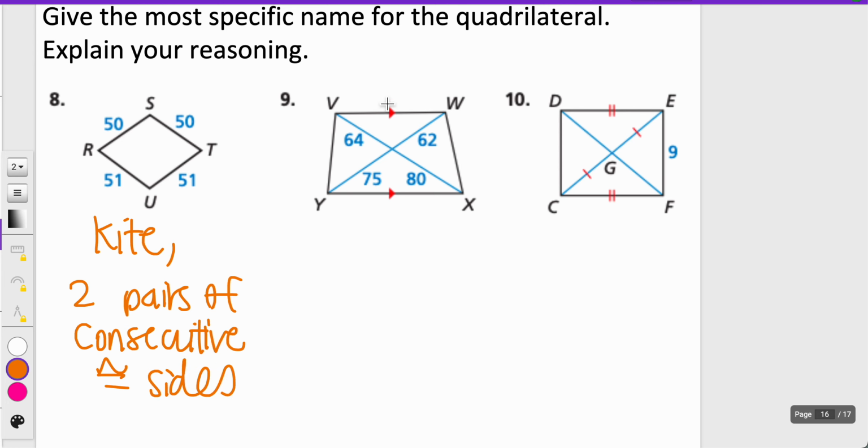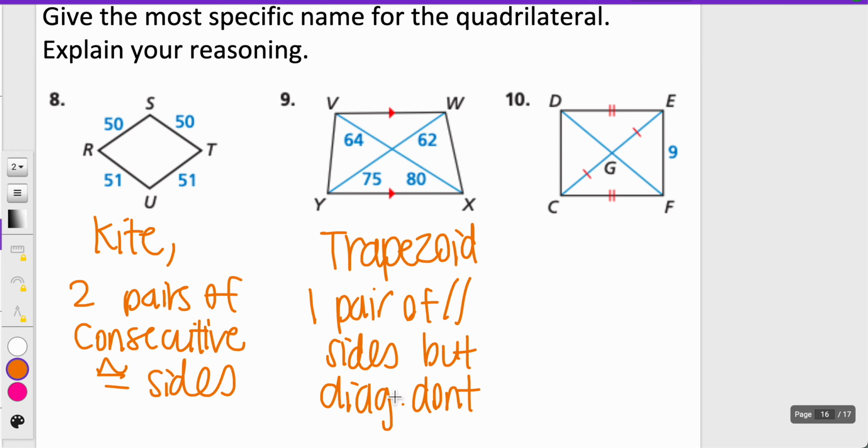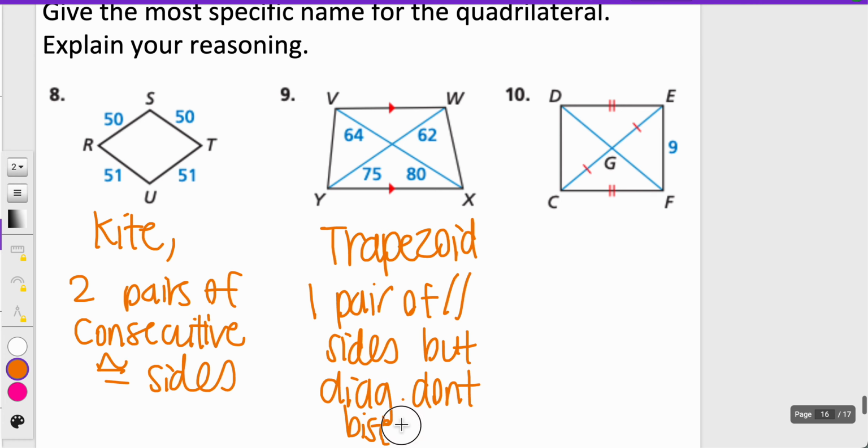The next one, we do see that there is a pair of parallel lines, and the diagonals are not bisecting one another. So I would say this one's probably a trapezoid. We have 1 pair of parallel sides, but the diagonals don't bisect. If they did bisect, then we could possibly say it's an isosceles trapezoid.